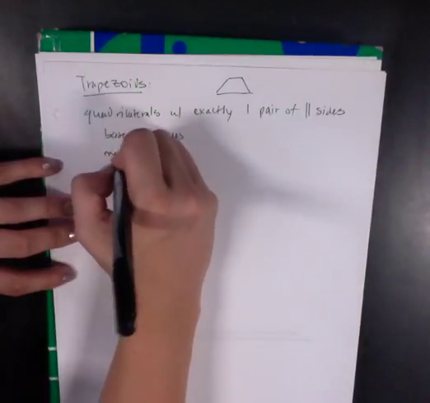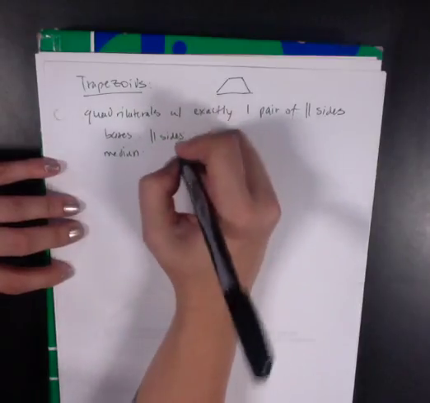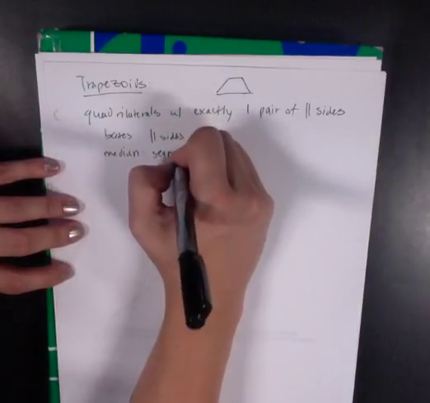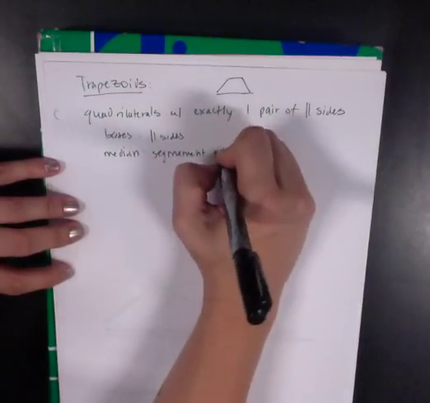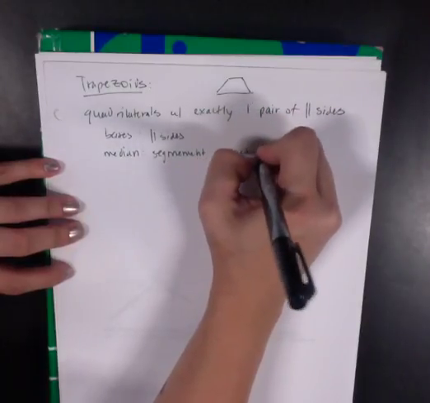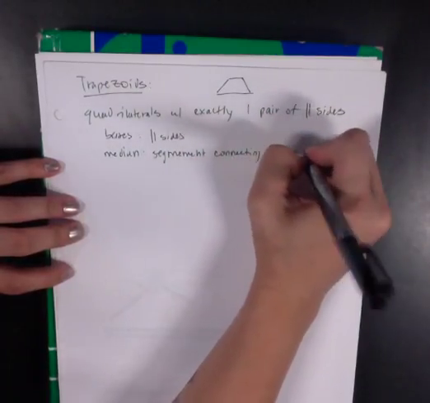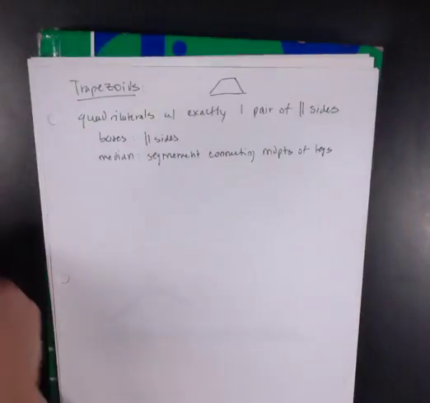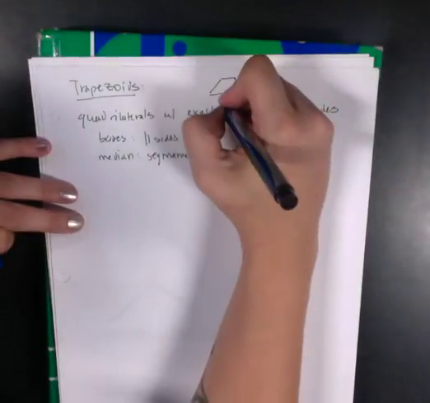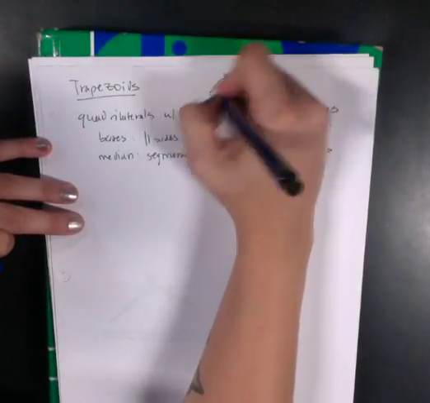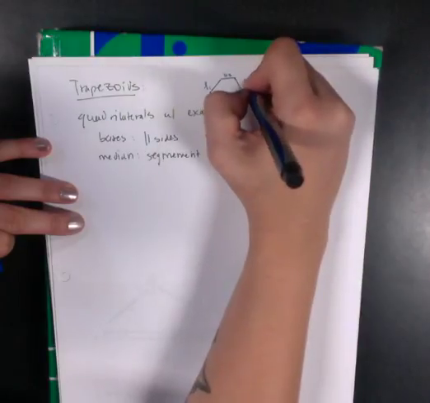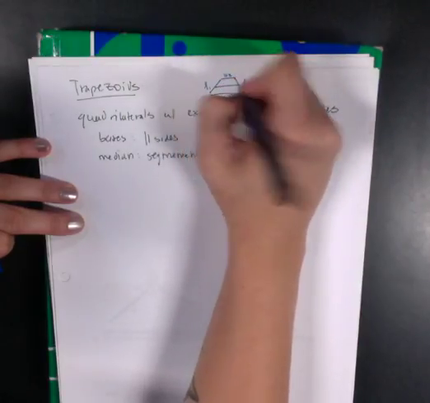Okay, we have the median, which is the segment connecting the midpoints of our legs. So in this diagram, this is a base, this is a base, this is a leg, this is a leg, and that's my median.